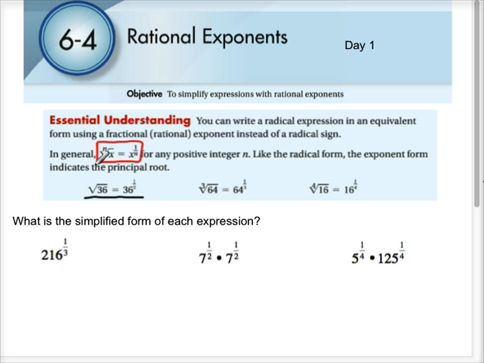When you are cube rooting something, it is exactly the same thing as taking that number to the 1/3 power. When you're taking the 4th root of something, that is exactly the same as taking that number to the 1/4 power. So that's the first thing today that we need to understand: the relationship between roots and exponents.